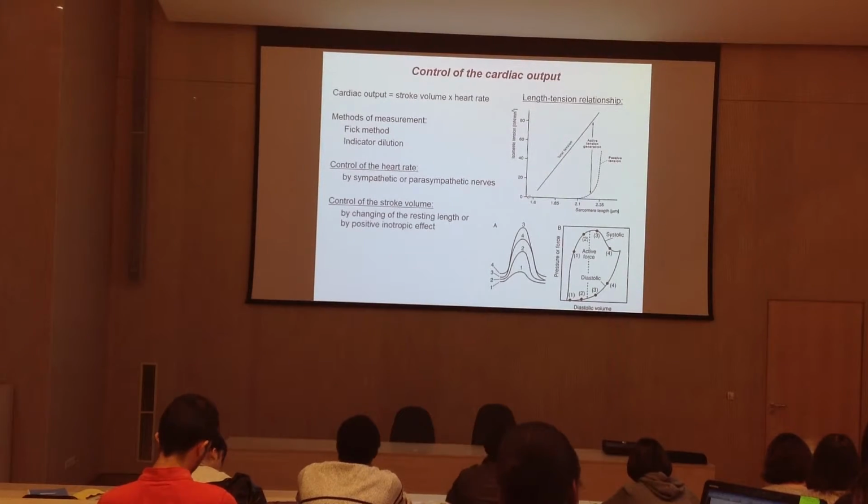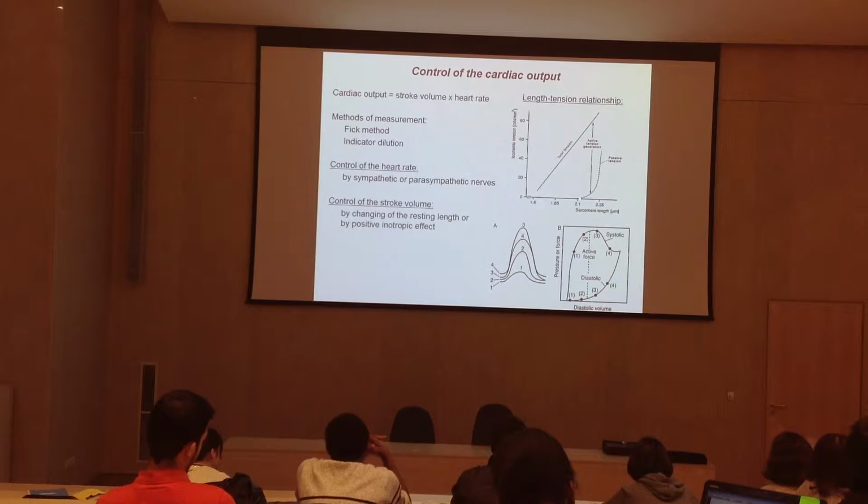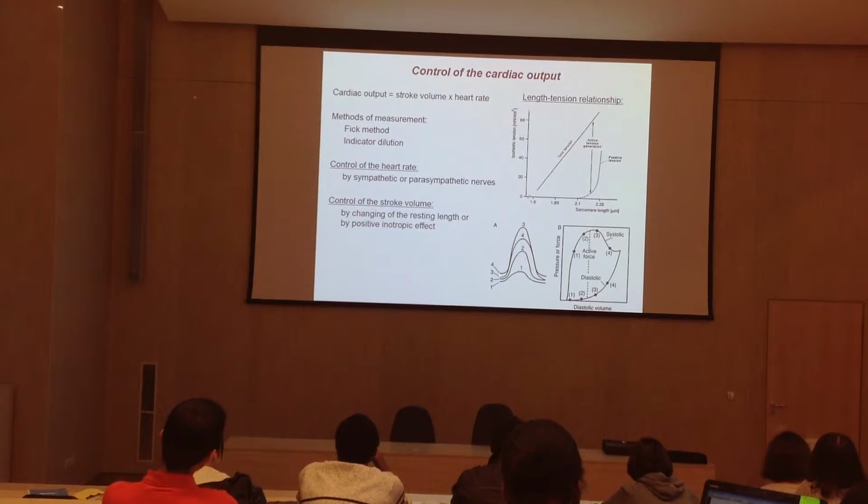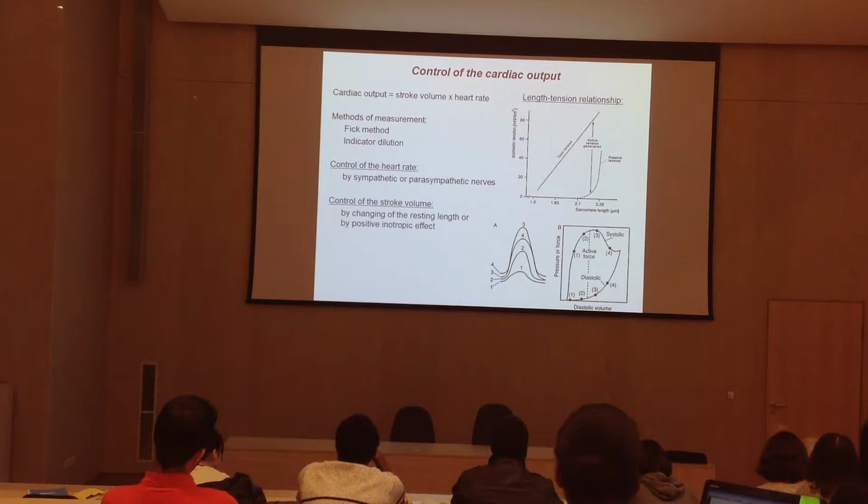Now, continuing the experiments, we will stretch the fiber more. This is position 3. The resting length is large. You can see here that this passive tension is larger and larger. And this case of trace 3 will be a very large, the maximum contractile response, because this resting length is the longest one.